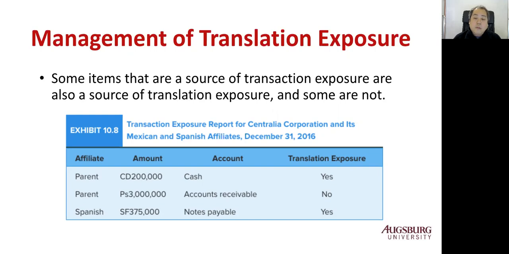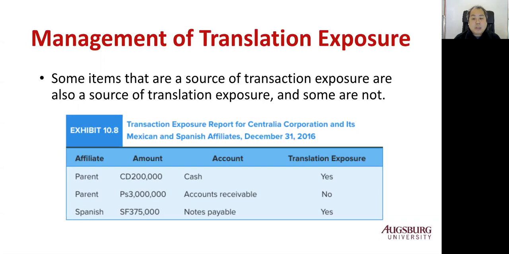The first one is the Canadian dollar 200,000 deposit that it has in a Canadian bank. If the Canadian dollar depreciates, the deposit will be worth less, so in the US dollar based parent company's consolidated financial statements, the value declines. Now you can see the 3 million Mexican peso account receivable the parent holds on the Mexican affiliate.